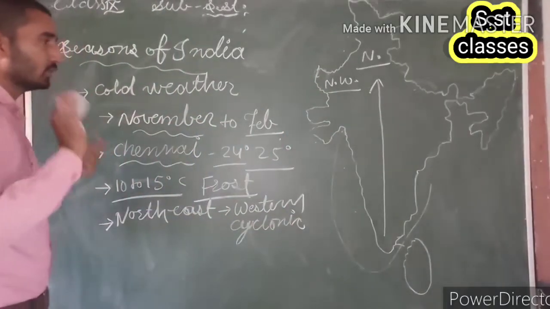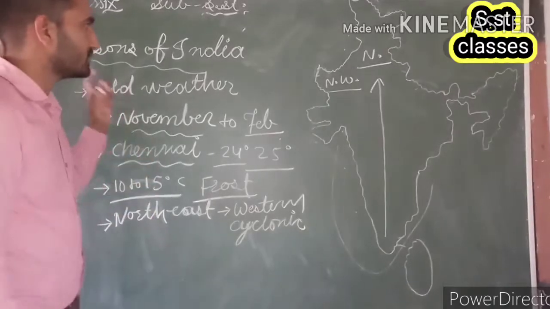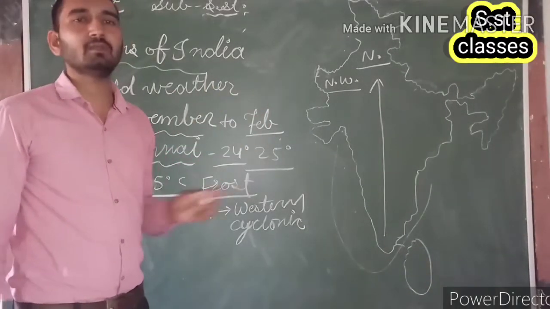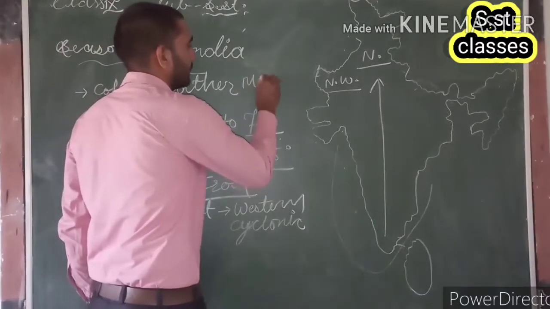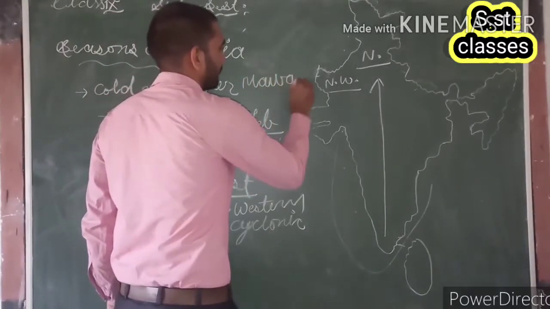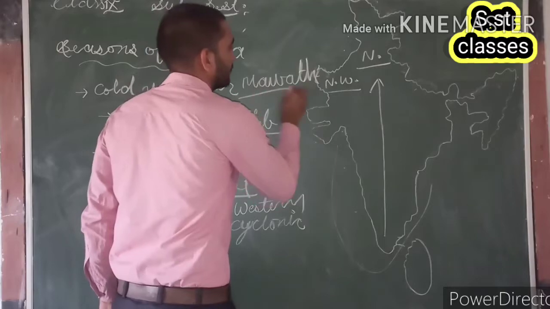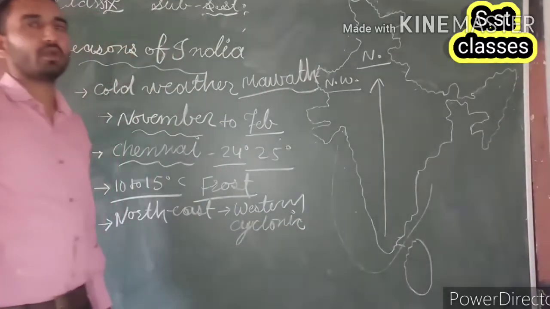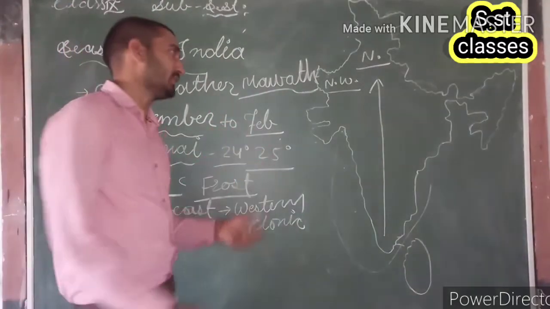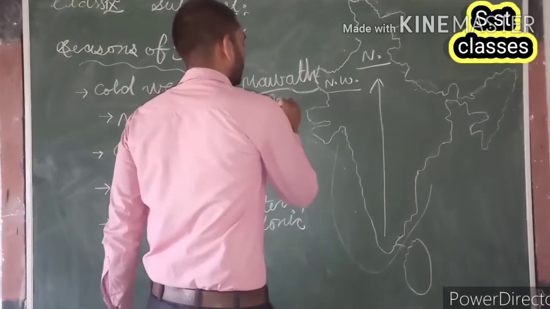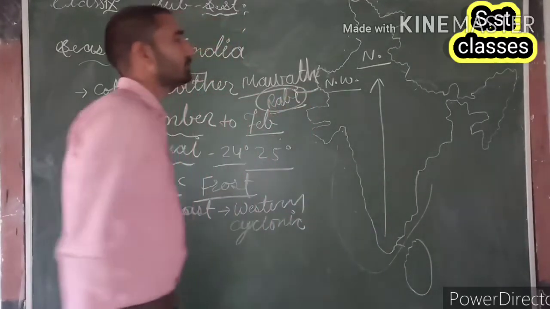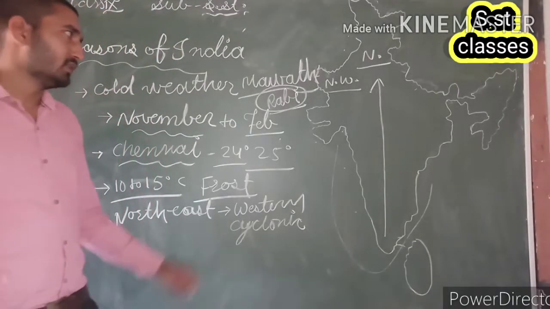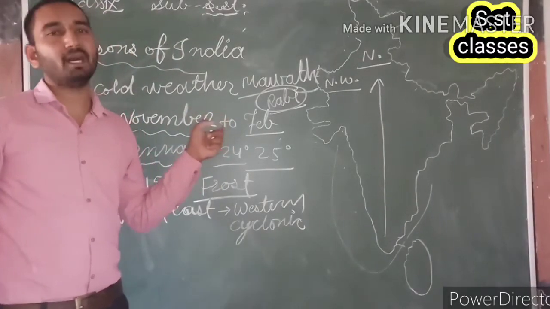It is a small amount of rainfall received by the northwestern and northern part of the country, which is locally called Mawat, and which is generally called a boon for Rabi. This Mawat is called a boon for Rabi. So what is Mawat?